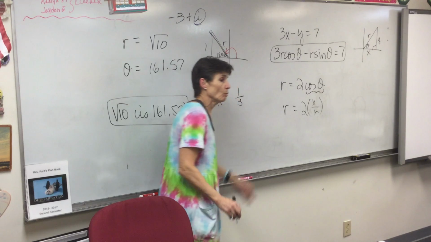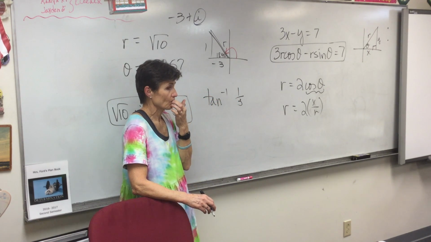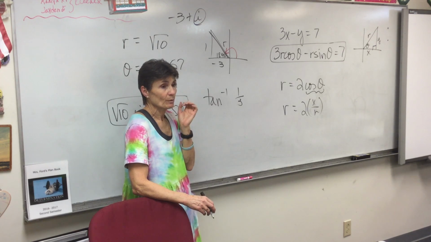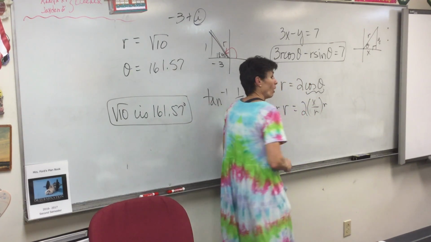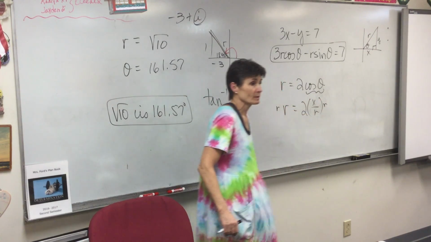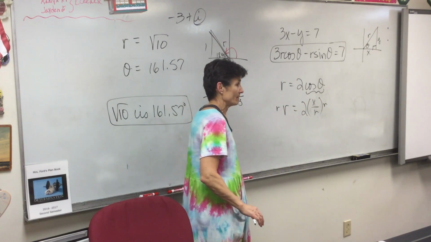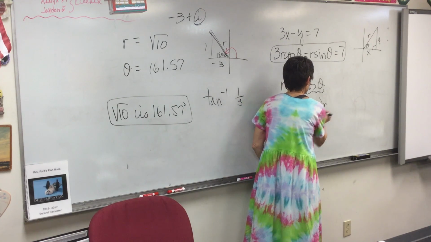Now, what do you do once you get that function replaced with a fraction? We get rid of our denominator. In this case, it's an r, but keep in mind it won't necessarily always be an r. It depends what the function is, right? So you get rid of whatever you've got. So r squared equals 2x.